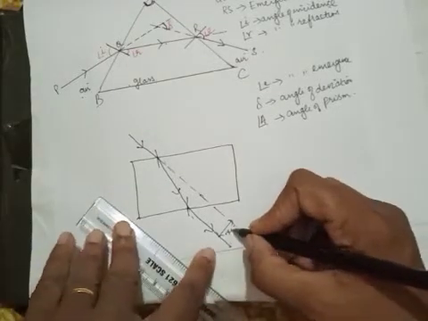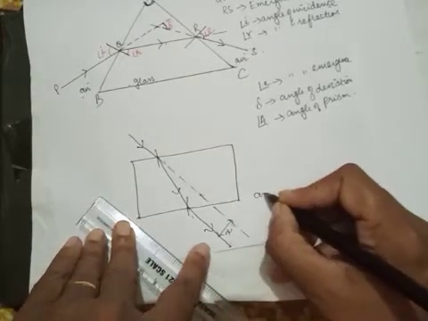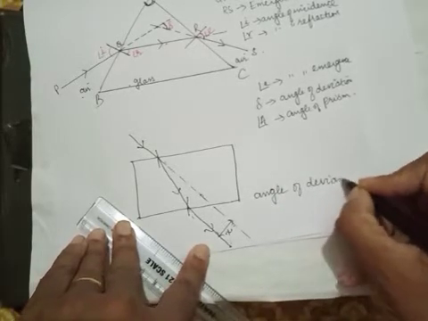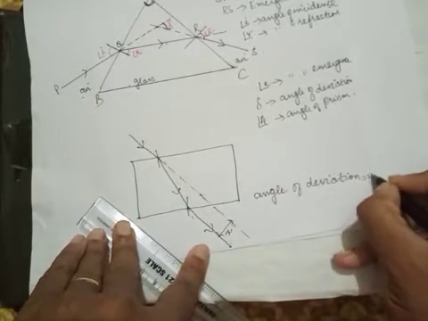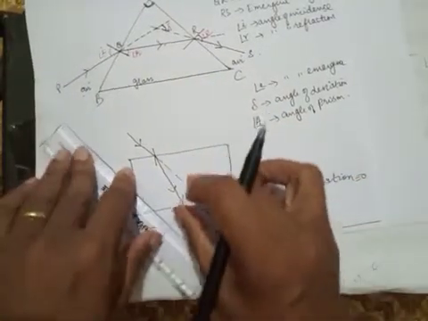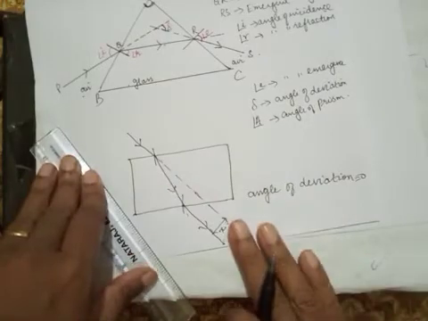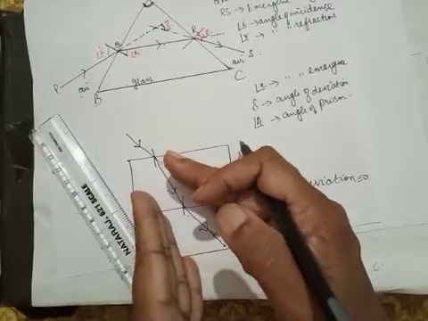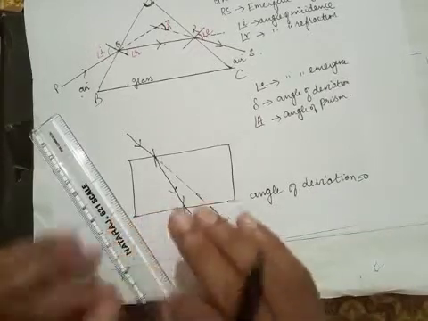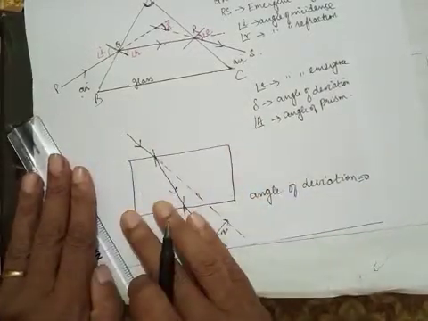Now, what about angle of deviation in this? In this, angle of deviation is 0. Why do I say that? Because if I extend the incident ray and the emergent ray, they are going to go parallel, and you know parallel rays never meet. And what's the angle between parallel rays? 0. Okay, so basically what does a glass slab do?